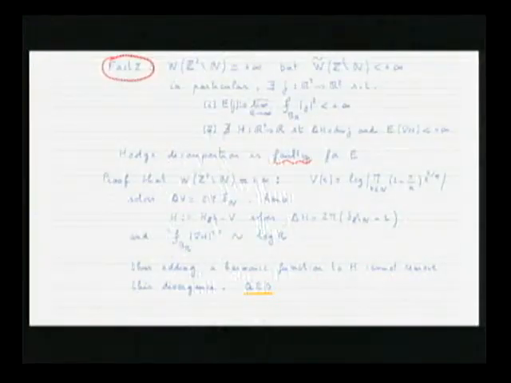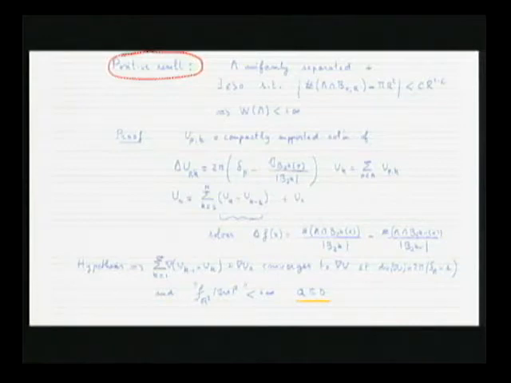So maybe now we're going to try to have a more general result. And so the result we have is that, okay, if you take a uniformly separated lambda, and if you assume that the number of points in any ball of radius r is the right thing modulo an error which is r to the 1 minus epsilon, where epsilon is a positive number, then the W of lambda is finite.